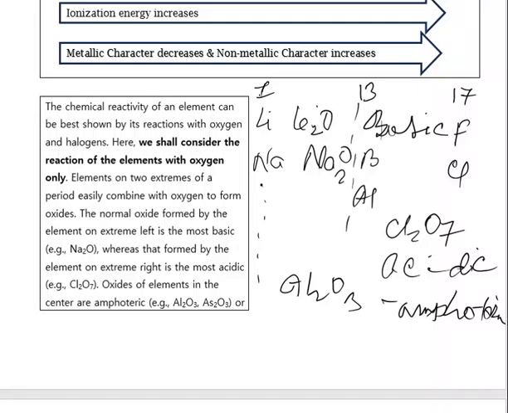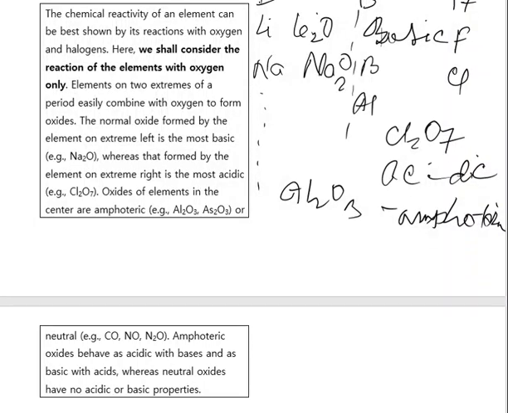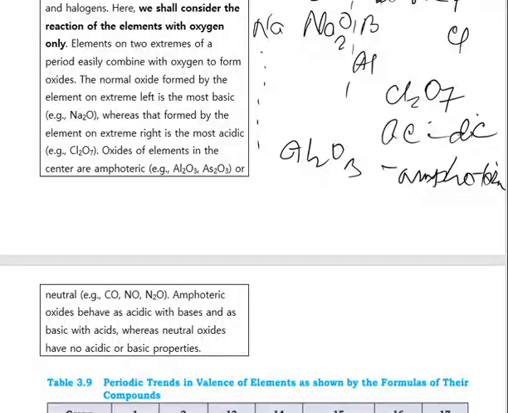That means basic nature decreases gradually and acidic nature increases. But in case of middle elements, that means aluminum, carbon, their oxides are generally neutral or amphoteric in nature.